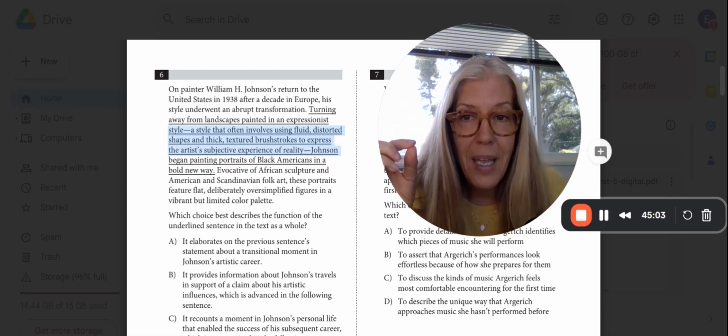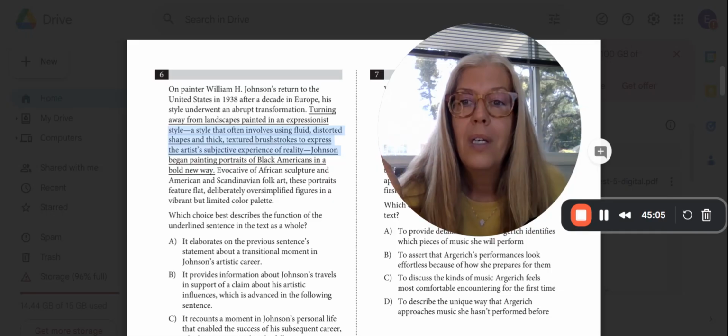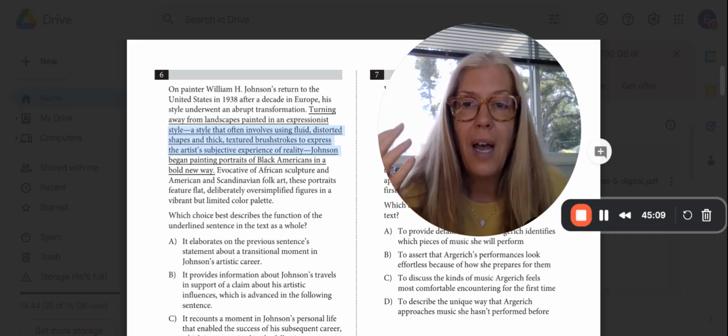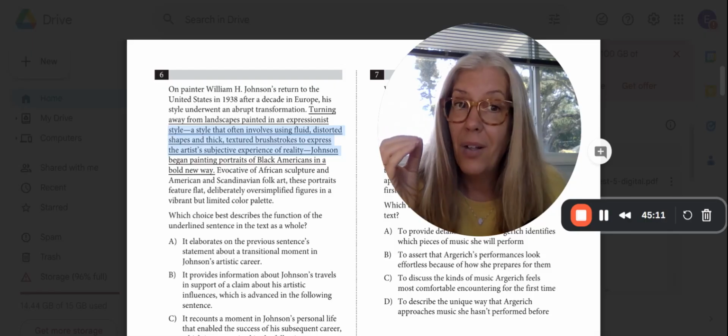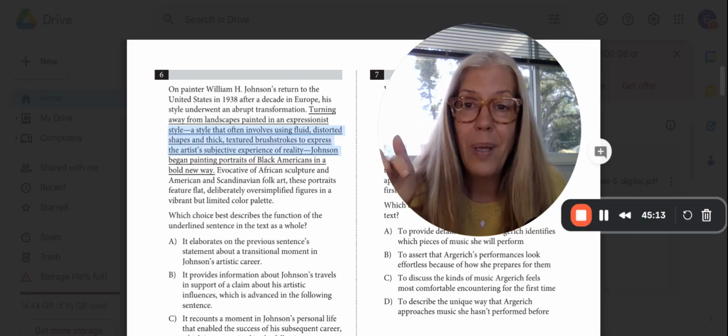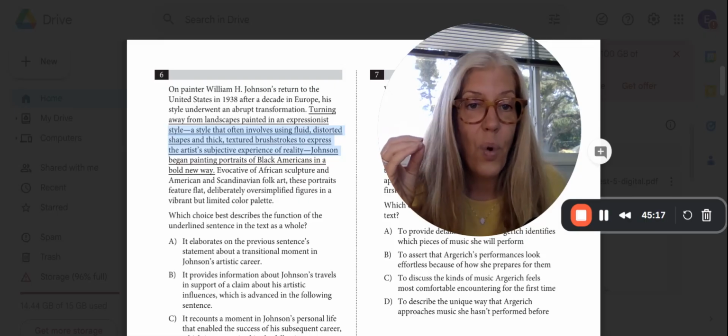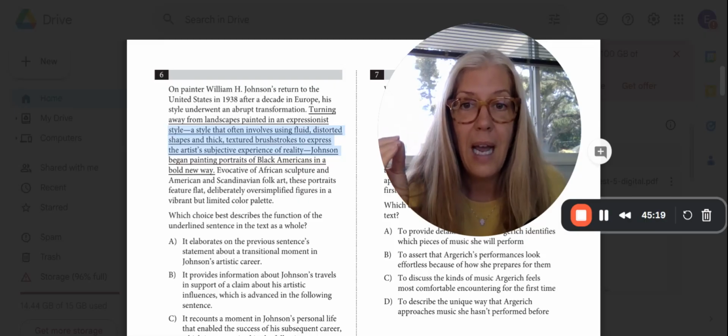So it's yapping about expressionist landscapes painted in an expressionist style. That's exactly what's happening in here. Remember, an M dash is information that the author wants you to have, but you don't necessarily need to have it.